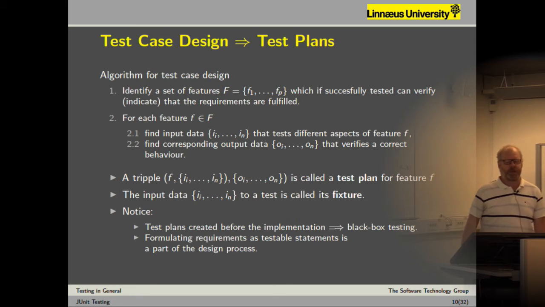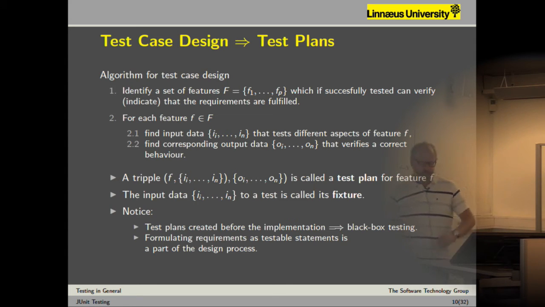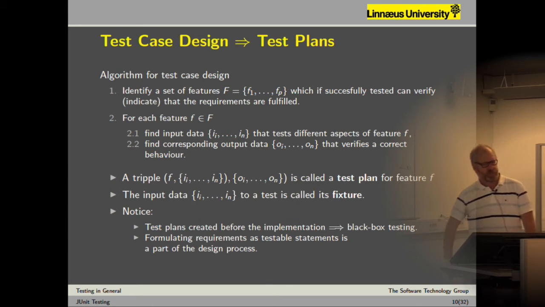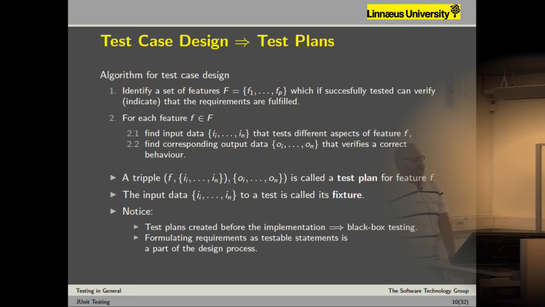It might sound a bit abstract, but assume we have a method called plus, int A, int B. It returns, of course, A plus B. You should test that this one works. What is needed?